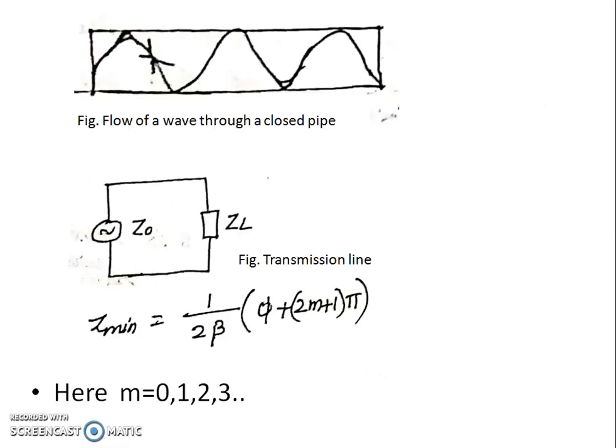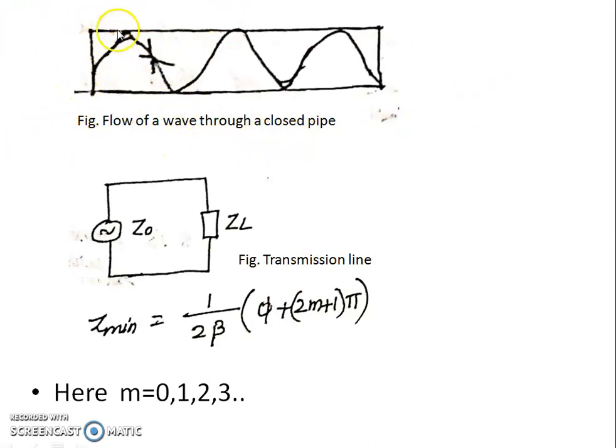So the voltage, we know, is flowing like a sine wave. At some point it has a positive maximum value, and at some point it has a negative maximum value. From this waveform, it is the flow of a wave through a closed pipe.